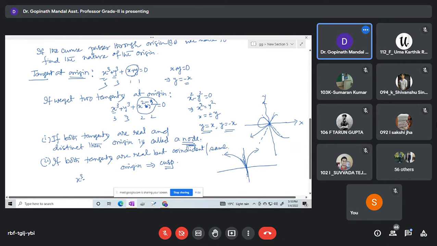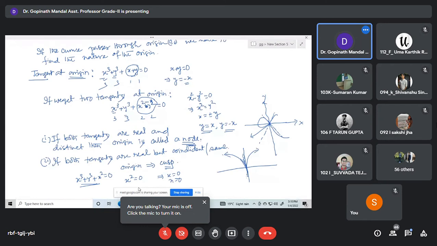Suppose x cube plus y cube plus x square equal to 0. For that case the tangent will be x square equal to 0, that means x equal to 0 and x equal to 0, so they are the same. In that case the origin will be called a cusp.